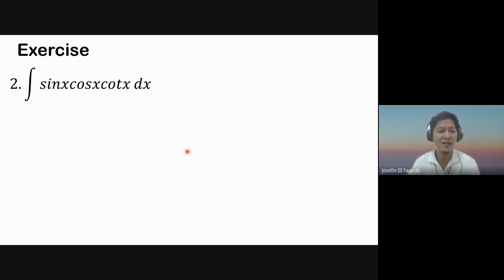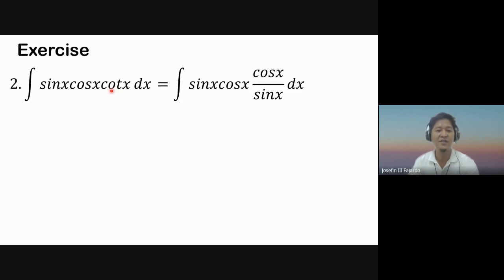So, notice, si cotangent x, if I write this in terms of sine and cosine. Cotangent x is cosine x over sine x. And then notice I can remove the sine x there, right? So I have sine x over sine x. So cosine x times cosine x, I have cosine squared x. Okay?